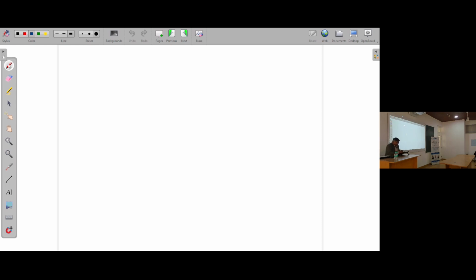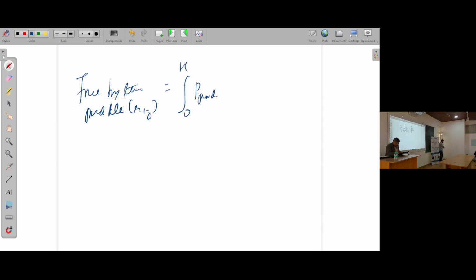So I'm going to write this as force by the puddle is going to be equal to integral 0 to h, P puddle (r, z) dz.